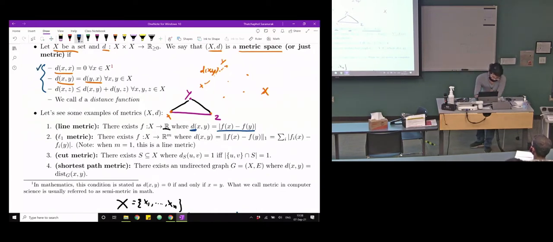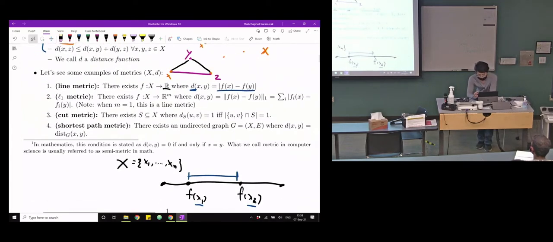These two are kind of trivial. And the last one will be true too. If you have x and z here, and then maybe y is here, then the distance from x to z, which is this, is at most from x to y and back.